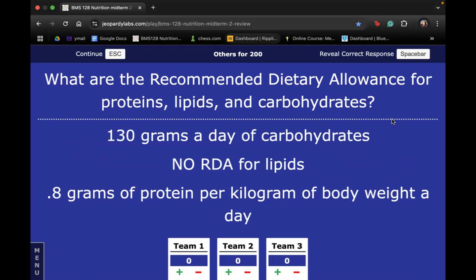And there's no RDA for lipids because, like we talked about before, lipids is not a very hard thing for people to consume. It's abundant, at least in the American diet. And it also varies per age. Children would probably require different variations of this, but this is the average for our demographic of college students.